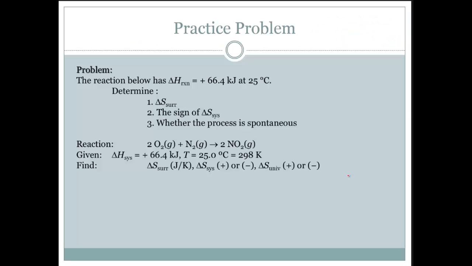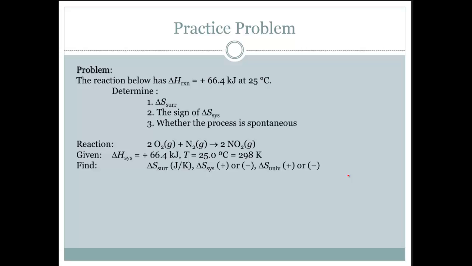We have the reaction 2O2 plus N2 yields 2NO2. If we know that the delta H of the reaction is positive 66.4 at 25 degrees Celsius, determine the delta S of the surroundings.